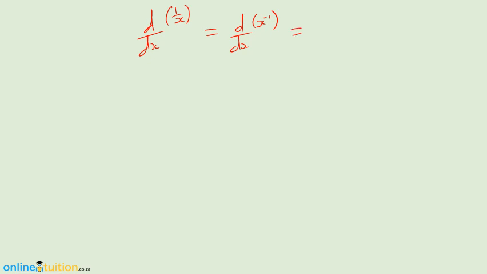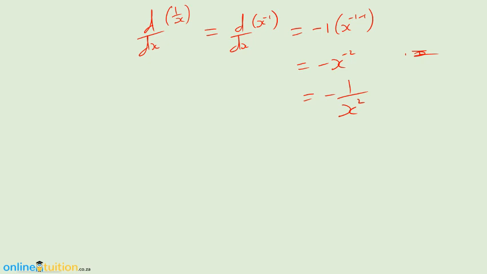And the rule says bring the minus sign to the front, take the x and subtract 1 from the power. So the answer is minus x to the minus, whoa, what happened to the 2 there? It's minus x to the minus 2. Don't worry about that part. And this becomes minus 1 over x squared. I think everyone's happy with that. So the derivative of 1 over x is equal to minus 1 over x squared.